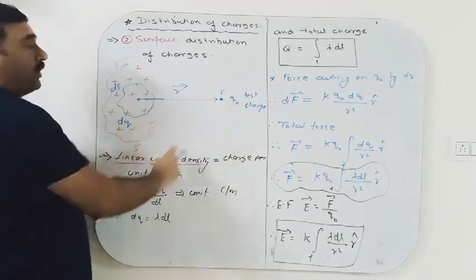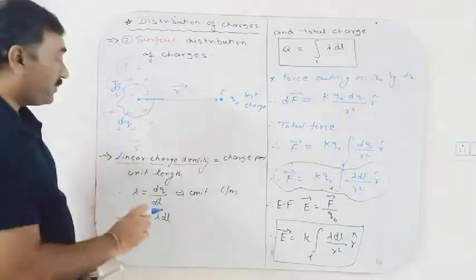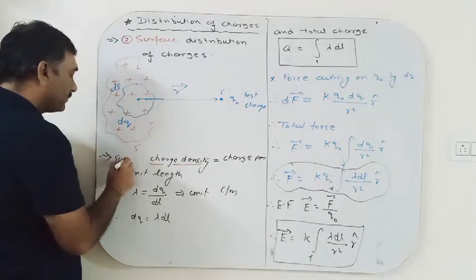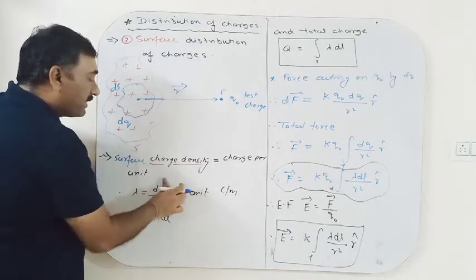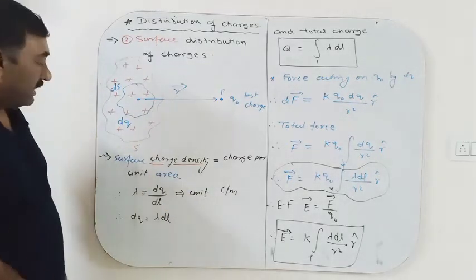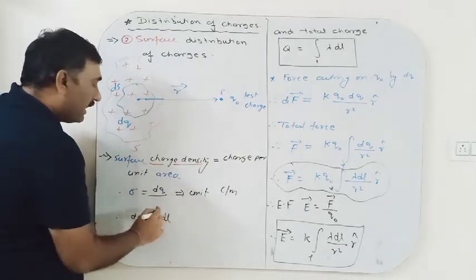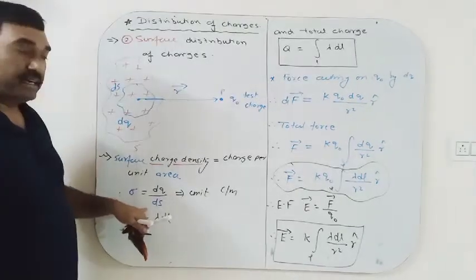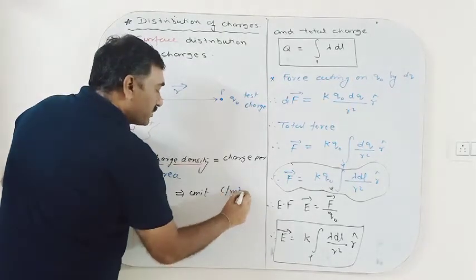The direction of the point P from the surface is represented by the vector r. Instead of linear charge density, we take surface charge density, which is charge per unit area. Lambda becomes sigma and dl becomes ds. Sigma is equal to dq by ds, and the unit is coulomb per meter square.